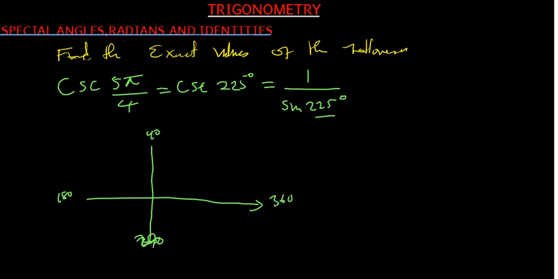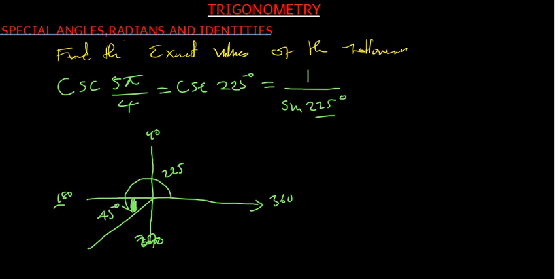So 225 is between 180 and 270, so it is going to be in this quadrant. So the angle that we want to find is the acute angle associated with the x-axis. So from 225 we're going to remove 180. That is going to give us 45. So this is going to be 45 degrees here.